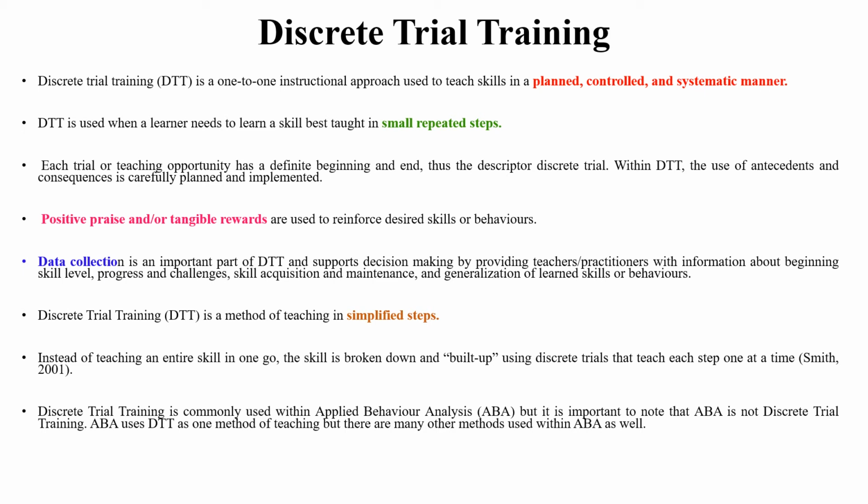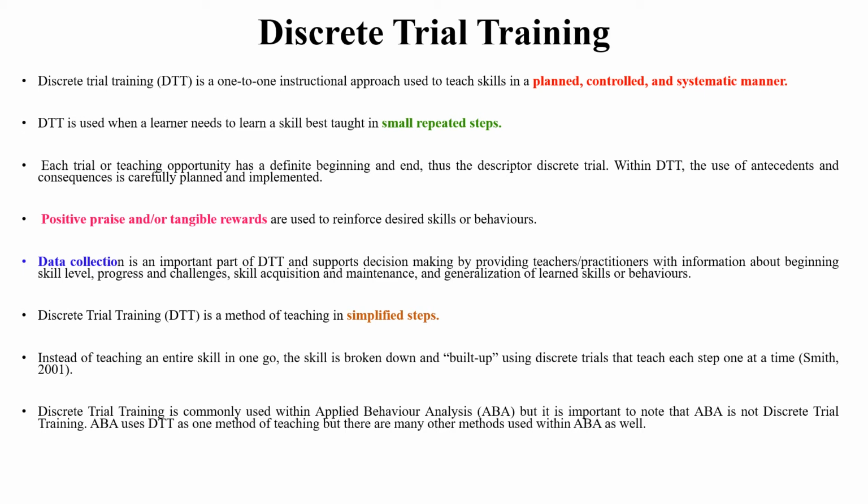So here also positive praise and tangible rewards are used to increase the occurrence of the desired skills or behaviors. So here in DTT also, data collection is very, very important for making decisions.